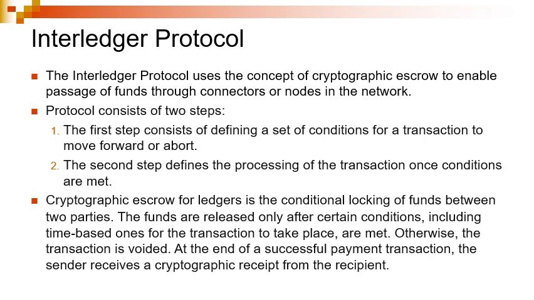This is like a smart contract. We know that in a smart contract, the transactions are processed only if certain business conditions are met. So cryptographic escrow for ledgers is the conditional locking of funds between two parties. The funds are released only after certain conditions, including time based ones, for the transaction to take place are met.